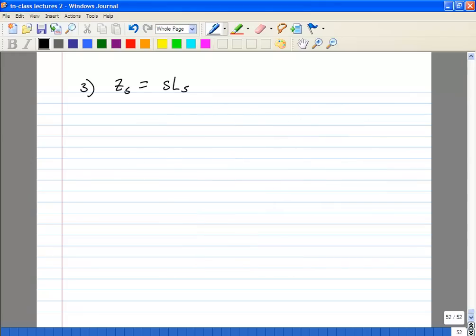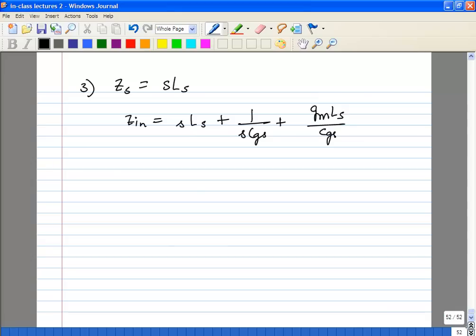We'll put an inductor. So it's just Zs plus, it's sLs plus 1 over sCgs plus gm Ls over Cgs.